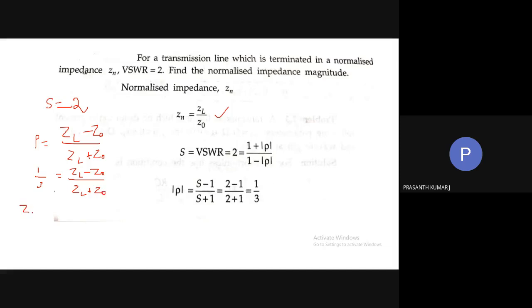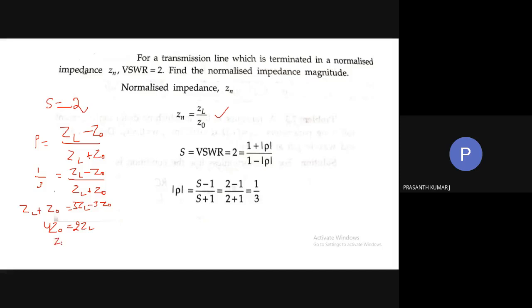ZL plus Z0 is equal to 3 ZL minus 3 Z0. Bring Z0 terms to one side and ZL terms to the other. Do you understand? 3 ZL minus ZL is 2 ZL, and bringing minus 3 Z0 to this side, it becomes 3 Z0 plus Z0, which is 4 Z0. So 4 Z0 equal to 2 ZL.